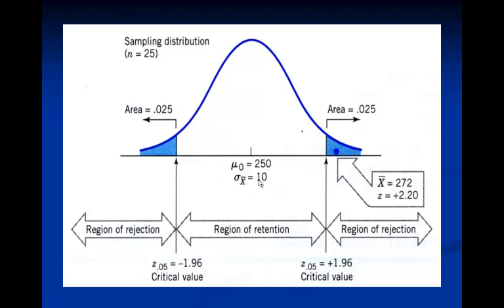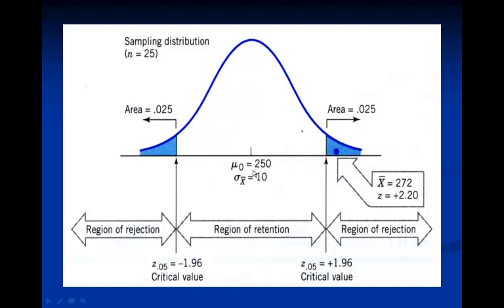So if we had a sample mean, x bar, the bar over the top is a way of denoting a mean, of 272, we would know the z-score was 22 points above the population mean, divided by the standard error of the mean, 10, gives you 2.2, a z of plus 2.2. This is this point here, this little blue circle. So we're interested in whether this lies outside the standard confidence limits, in the rejection region.